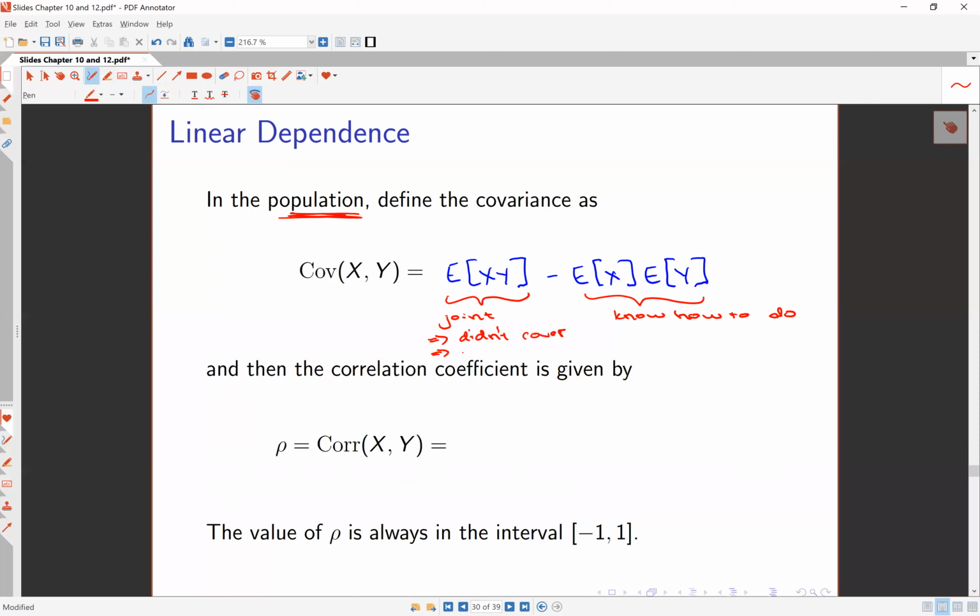But if this is something that is of interest to you, it's part of the chapter 5 content in the textbook that we didn't cover. So it's just a formula that relies on having a joint density function or a joint mass function for two variables.